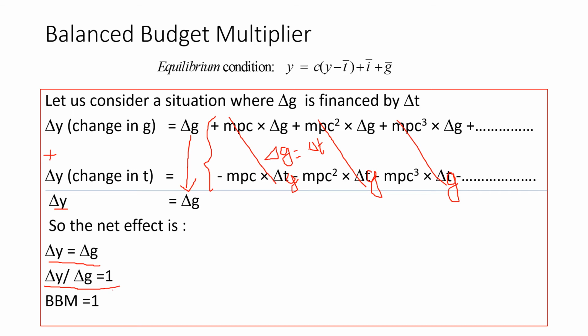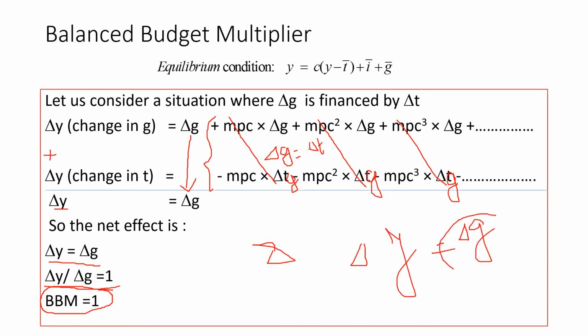That means in a simple Keynesian model with given assumptions, BBM, the balanced budget multiplier, is exactly equal to 1. That means your income will ultimately rise by the amount by which the government raised its expenditure.